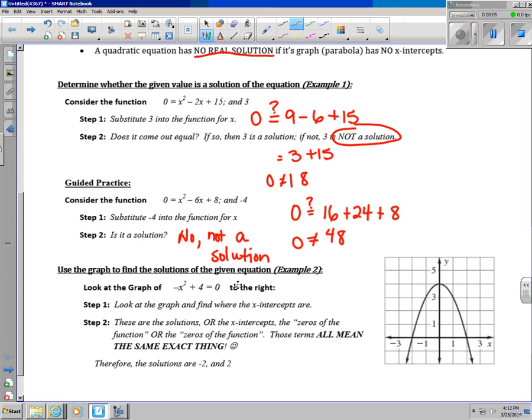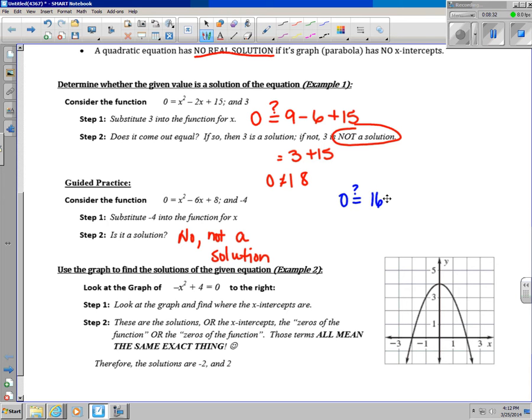What about positive 4? You think positive 4 might be a solution? Let's try it. Just because I'm thinking, look how close we are. Let's try positive 4. Again, we have 0, and we want to know if positive 4 would work. So 4 squared is 16.